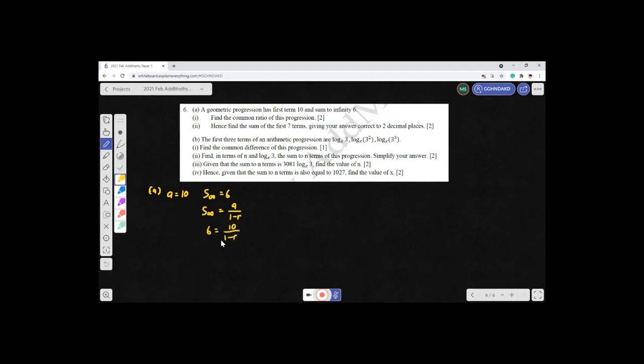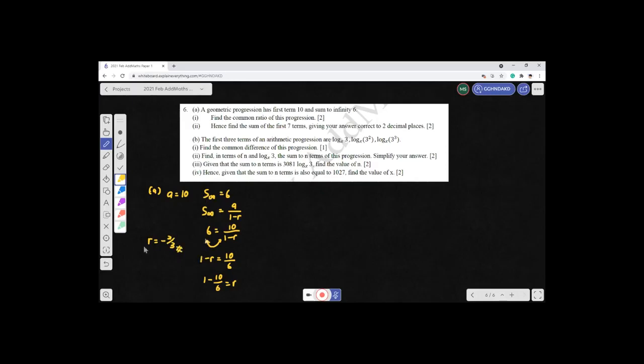So 1 minus r equals 10 over 6. 1 minus 10 over 6 equals r. So in conclusion, what is r? Negative 2 over 3.